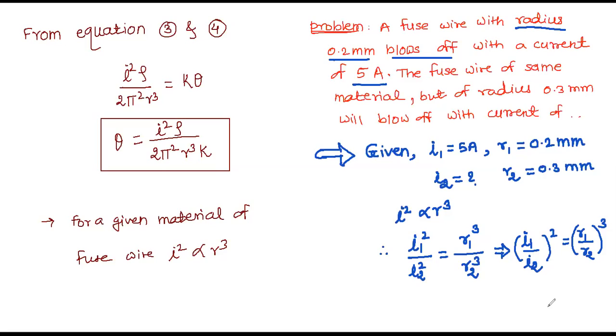Next, therefore here I am getting I1 by I2 is equal to R1 by R2 whole power 3 by 2. I1 you know, that is 5. I2 we don't know.